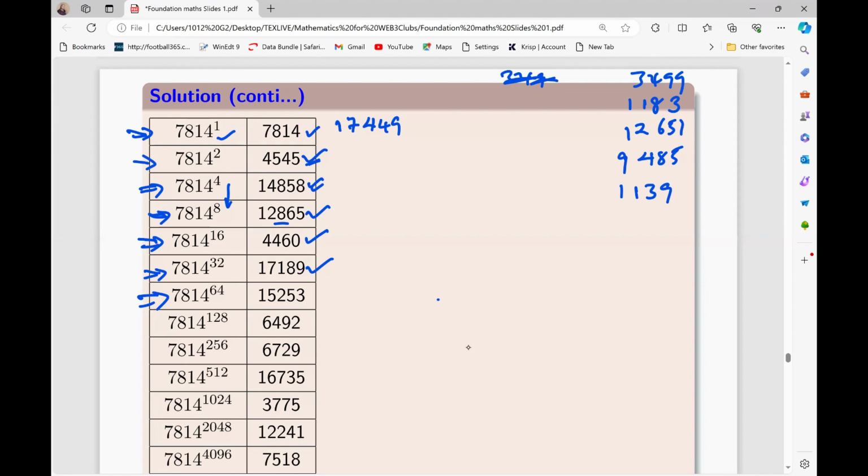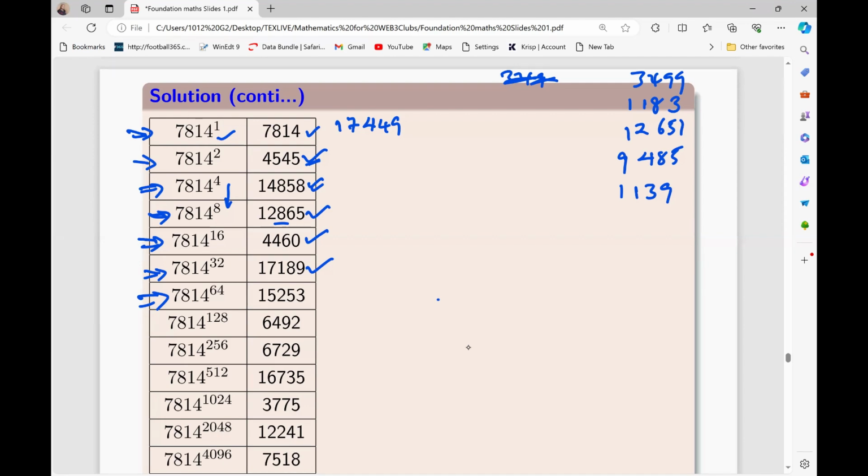I'm squaring that to get 295,461,721. Divide this by our divisor there, which is 17,449.